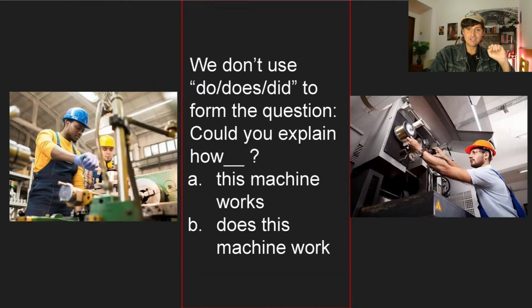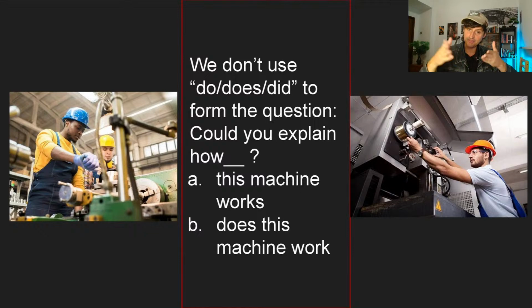Now, here's another. When we have embedded questions, we don't use do, does, did to form the question. A direct way to ask this would be, "How does the machine work?" Let's say you're at work. Your job is to operate the machine. So you say, "How does it work?"